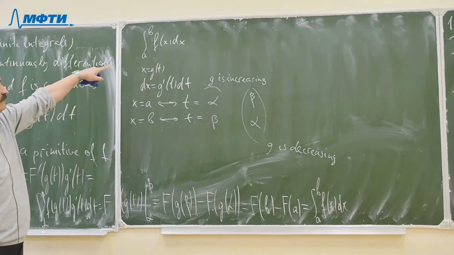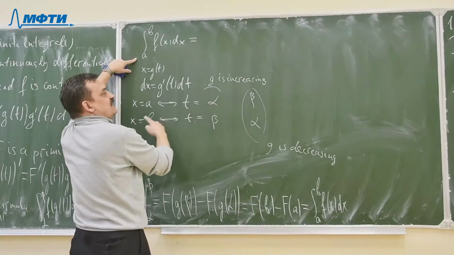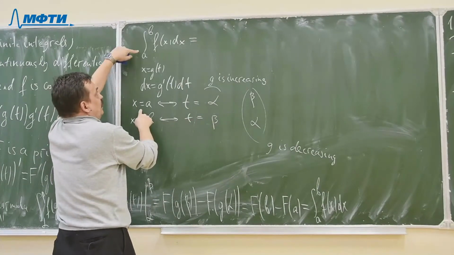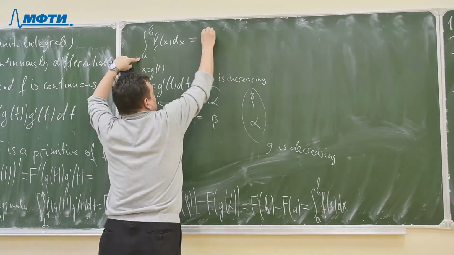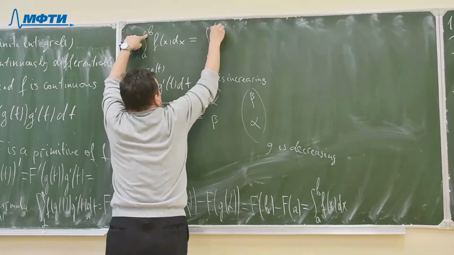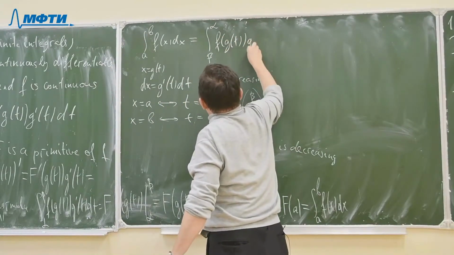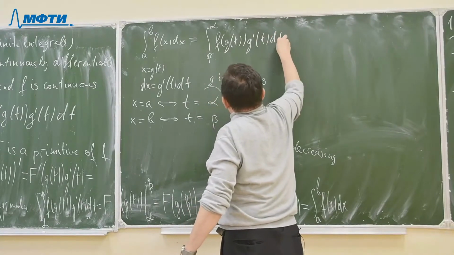And then we should replace everywhere. So x equals a is replaced by beta, b is replaced by alpha, f of g of t times g prime of t dt.